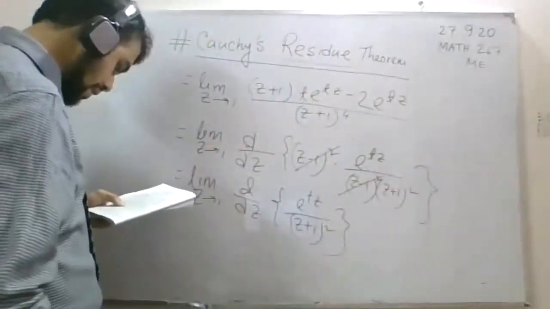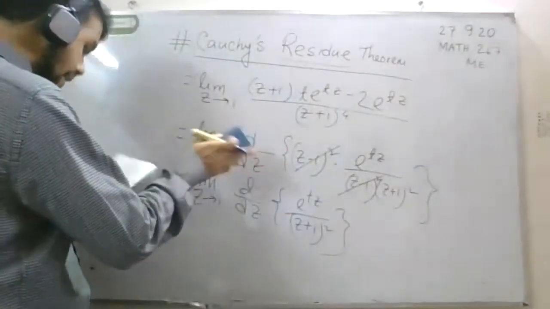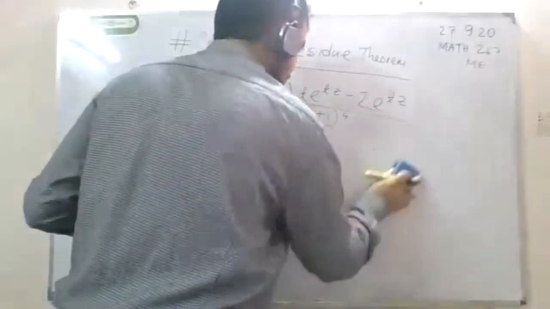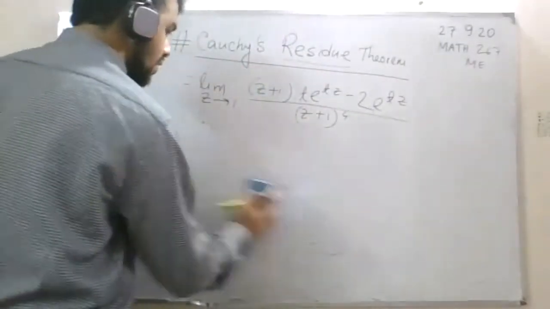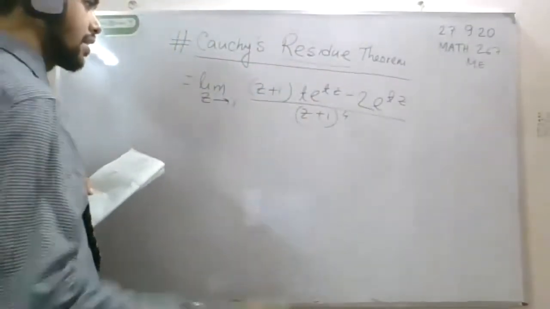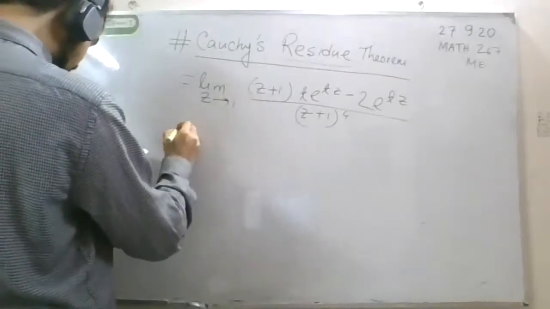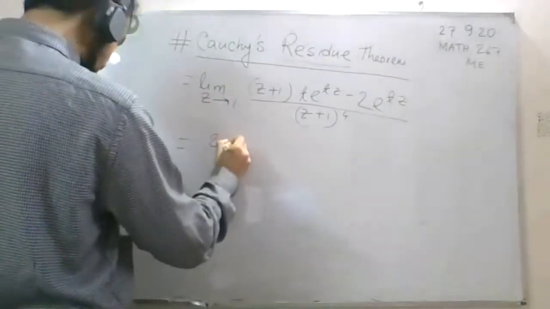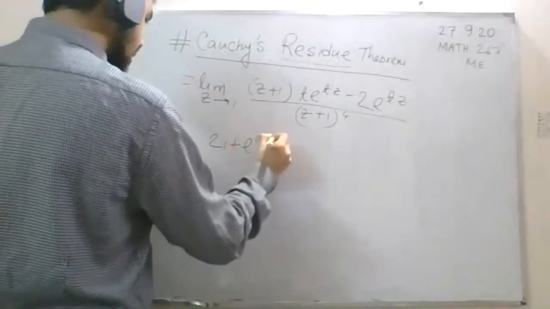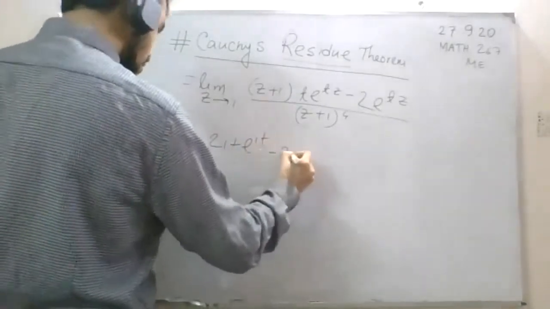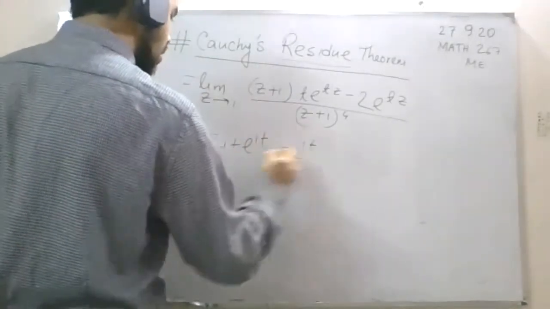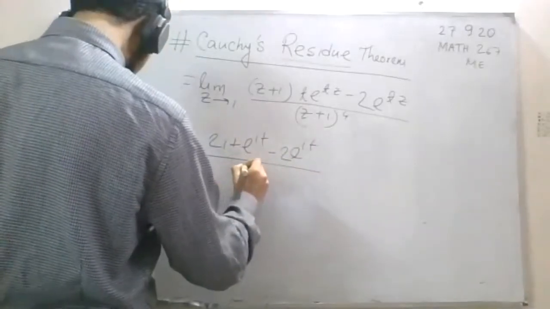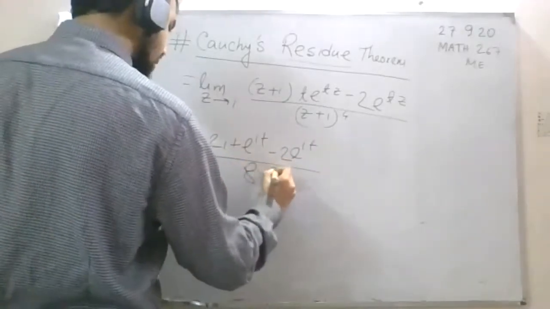Then after putting z tends to i, you get (2i t e to the power it minus 2 e to the power it) divided by 8i cube.